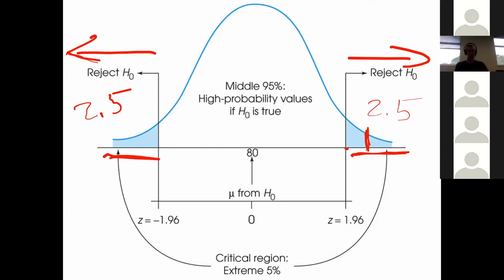So if we get any value in the tails and the extremes out here, we say we reject the null hypothesis. In this case, the null hypothesis would have been that the coronavirus vaccine has no effect. Well, because our sample right here was more extreme than these criterion values here, we can say we're rejecting that null hypothesis. The coronavirus vaccine did have an effect on infection rates.